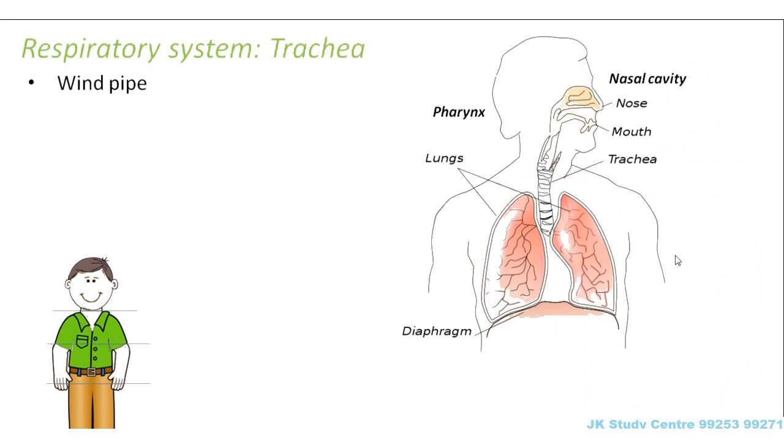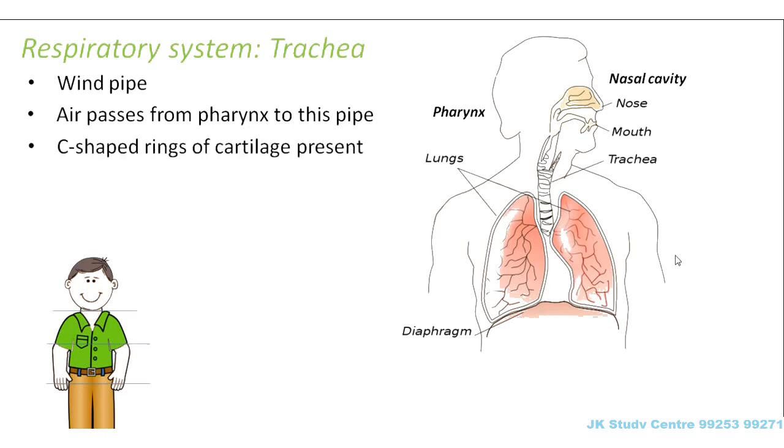So this is the pipe which is going to carry the air from the pharynx. Air passes from the pharynx to this pipe. So the air entered our body through the nostrils, then it went to the nasal cavity. From there it went to the pharynx, and from the pharynx it came to the windpipe or trachea.